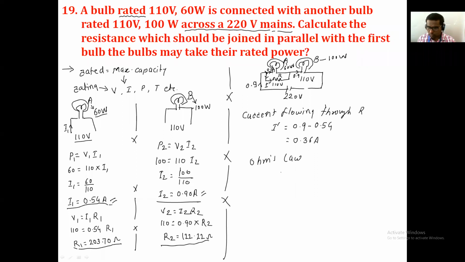This is actually an application of Ohm's law, V is equal to I dash into R. But is this V 220 volt? No. Absolutely correct. So it becomes 110. I dash is 0.36 multiplied by R. So R is equal to 110 divided by 0.36. So R is equal to 305.55.